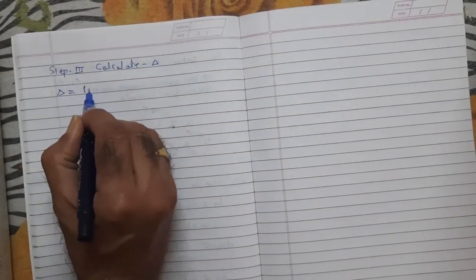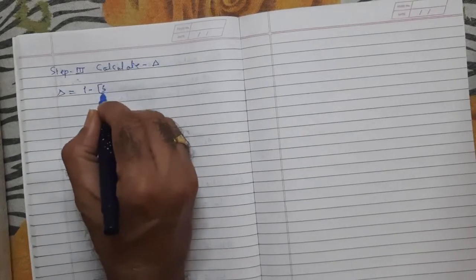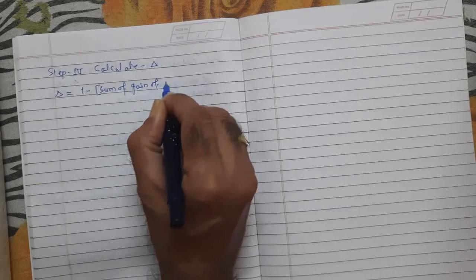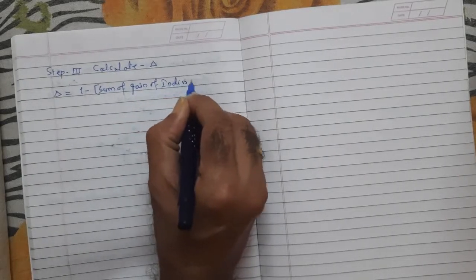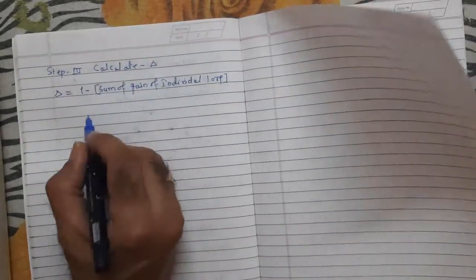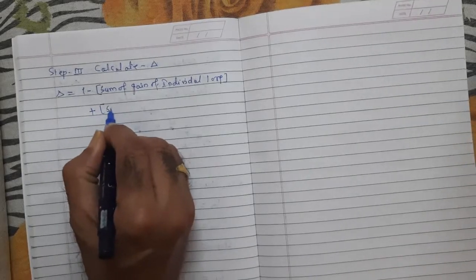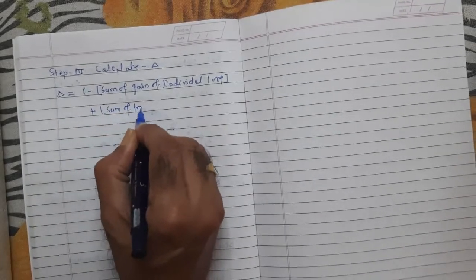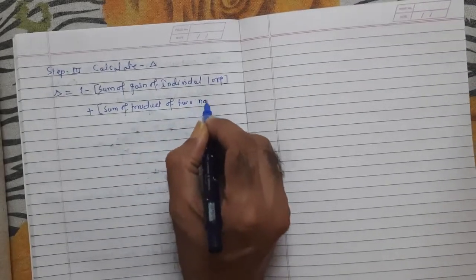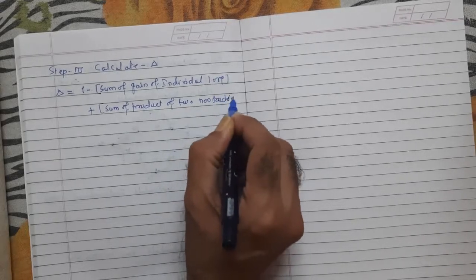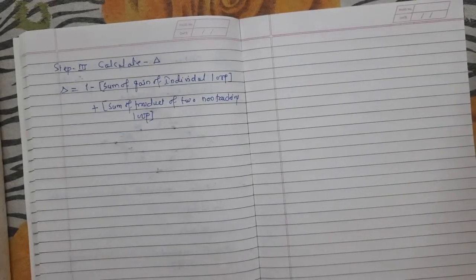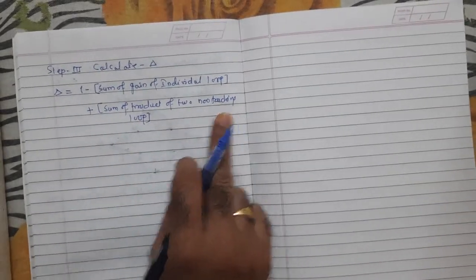Del is equal to 1 minus sum of gain of individual loops, plus sum of product of two non-touching loops, because there is a combination of two non-touching loops.